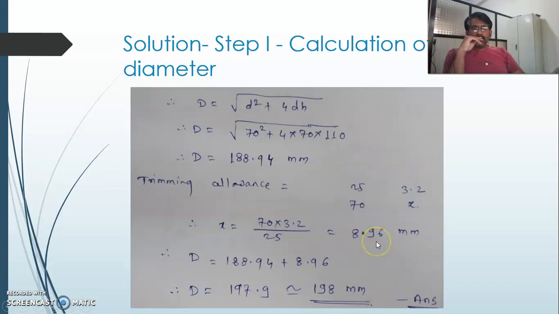We add this trimming allowance to the blank diameter, and the new blank diameter becomes 188.94 plus 8.96, which is 197.9, approximately 198 mm. So we take a 198 mm blank diameter initially, so that we can draw the cup with a 70 mm shell diameter and 110 mm height.